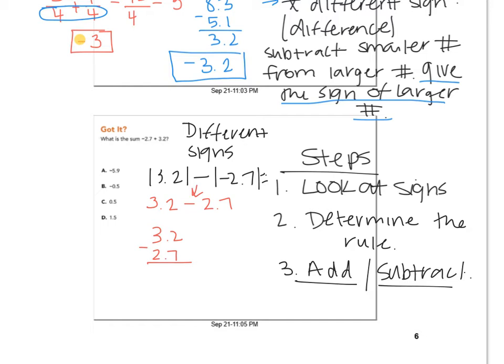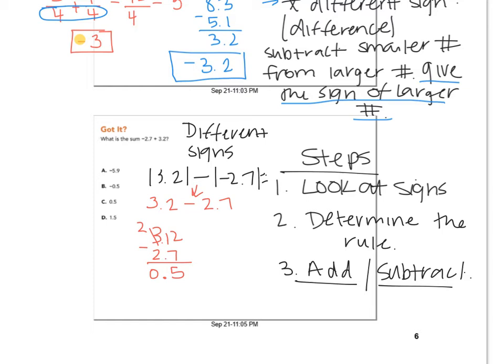So 2 minus 7, we have to borrow from our 3, so that's now going to be a 2. That's now a 1. So now we have 12 minus 7, which is 5. And then we have 2 minus 2, which is 0.